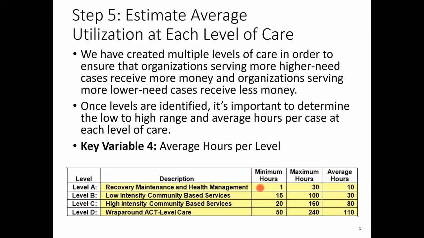If I'm creating utilization management guidelines that I'm going to use internally to self-manage the system, I would have a range of minimum to maximum that I would expect at level A, B, C, and D, and then the average hours. And I'm going to be using these average hours to price out my case rate.